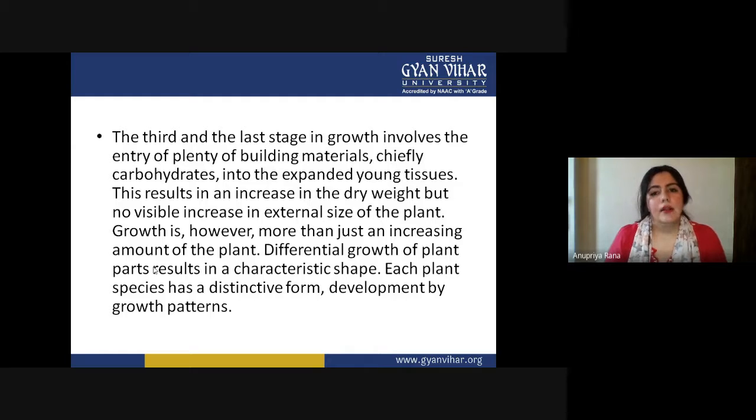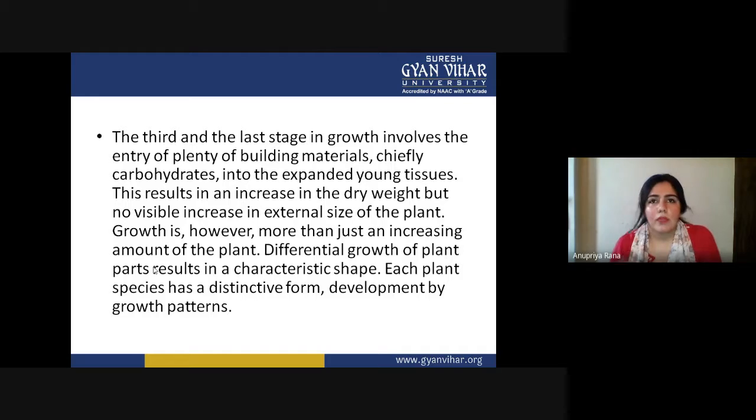The third and last stage in growth involves the entry of plenty of building material, chiefly carbohydrate, into the expanded young tissues. So in the third stage of growth inside the plant, they make the entry of large components, the carbohydrates. The result is an increase in dry weight but no visible increase in the external size of the plant.